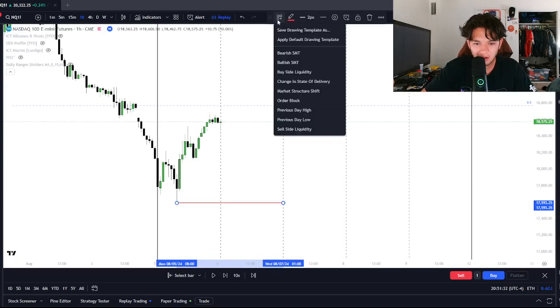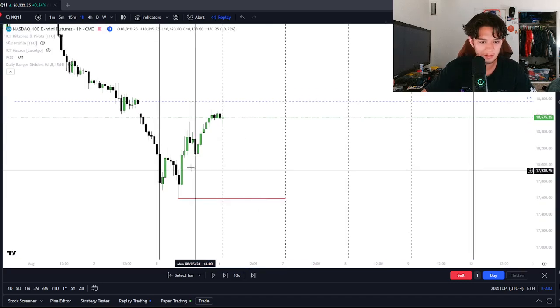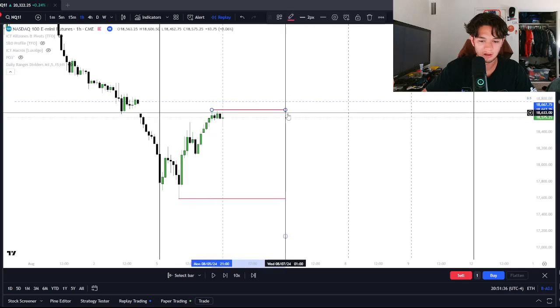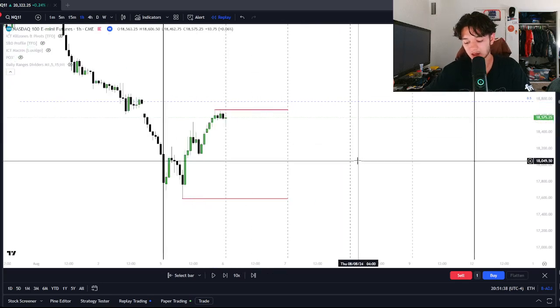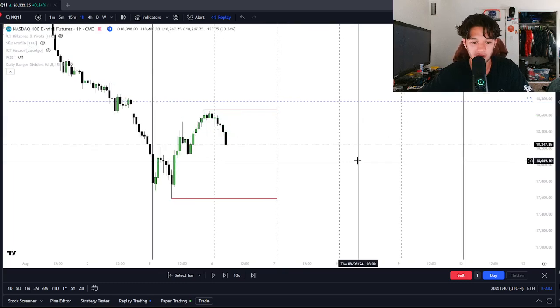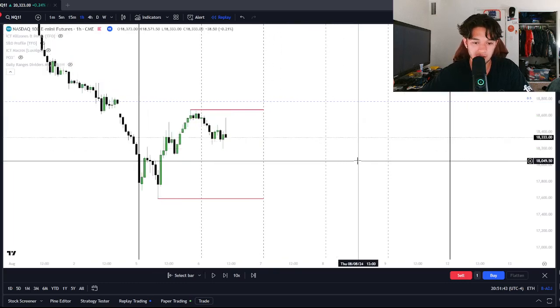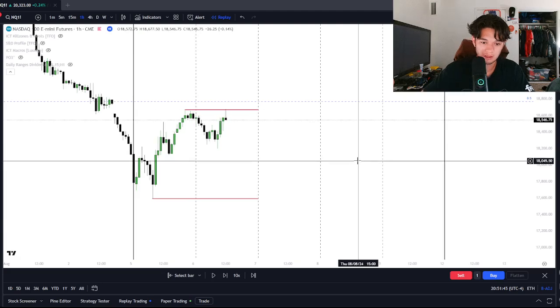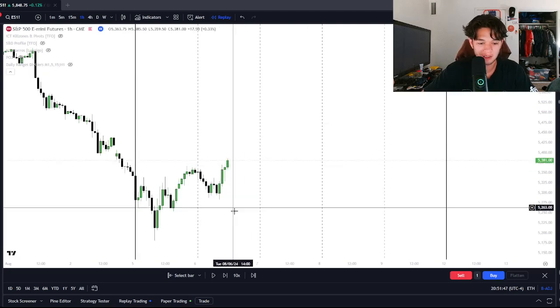Is that red? Why does that not look red? I guess so. Okay, now let's see what Tuesday does. See if we take the high or the low. Okay, we take the high. Do we get any SMT?